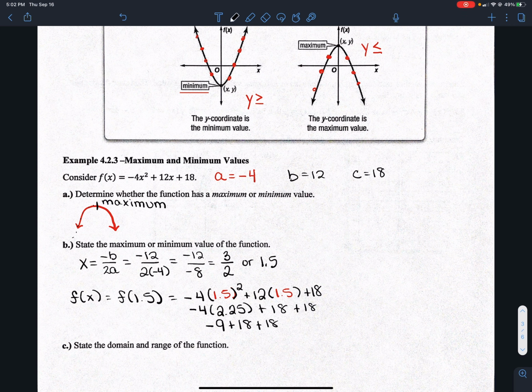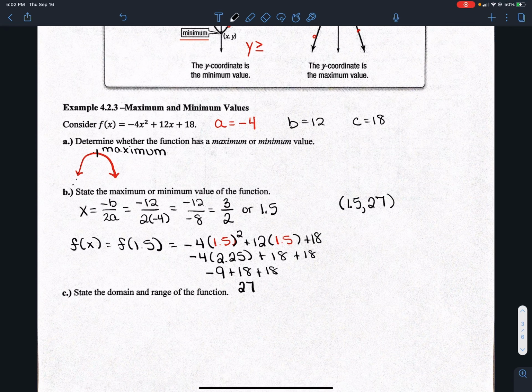So -9 plus 36 gives us 27. Okay, so when it says state the maximum or minimum value, the x is going to be 1.5 and the y value is going to be 27.